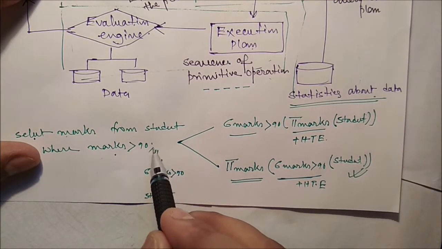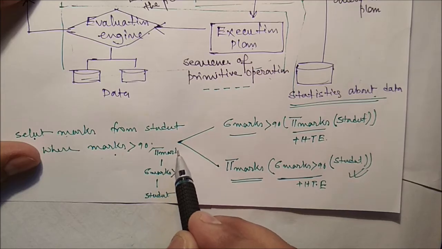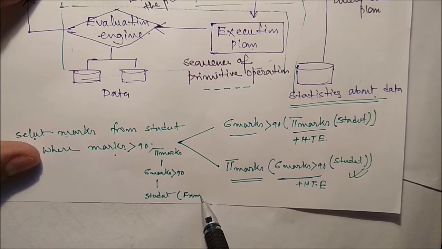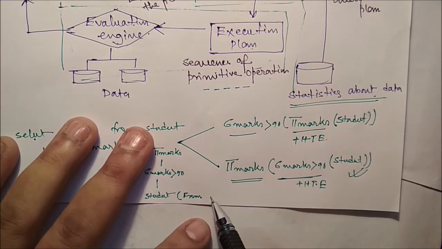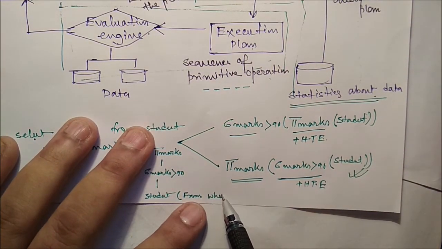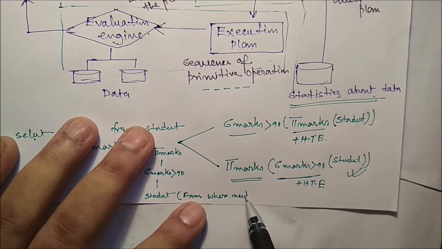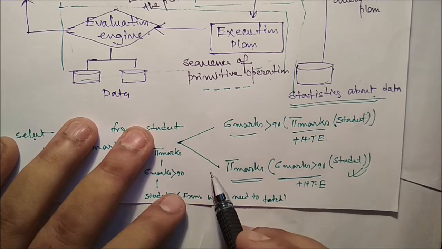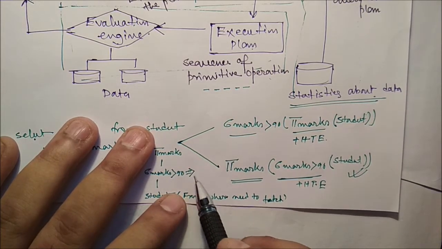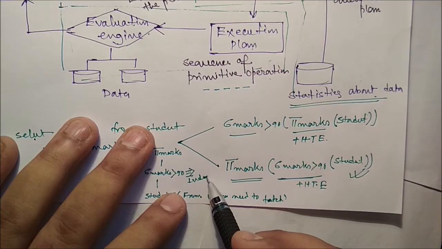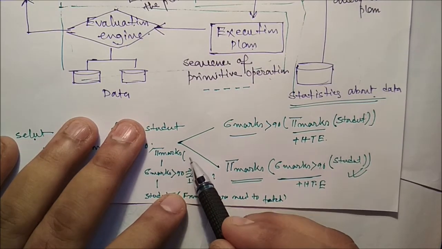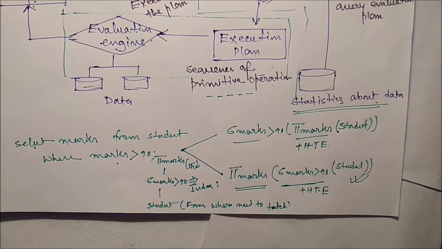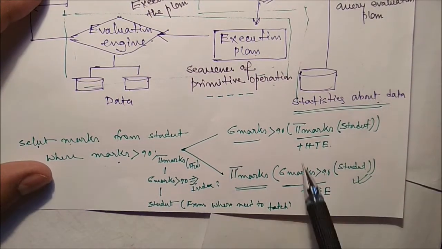Then apply the projection. From where to fetch the data, which type of indexing may be used, all the steps are there. This we can say is the query evaluation plan.